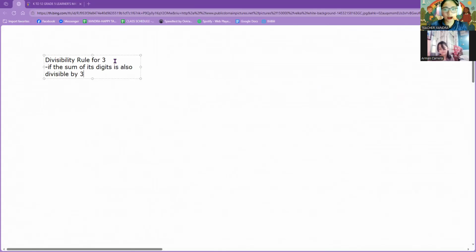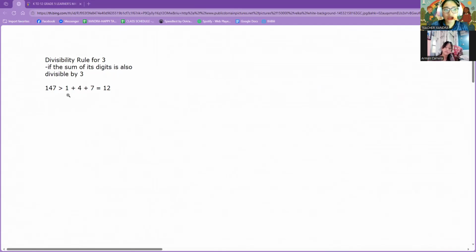For example, the number 147. If the sum of the digits is also divisible by 3. So 1 plus 4 plus 7, what is your answer for that? 12.